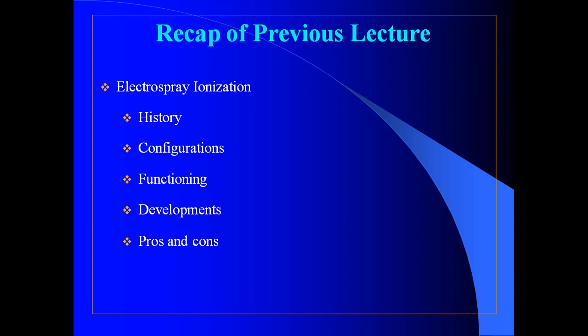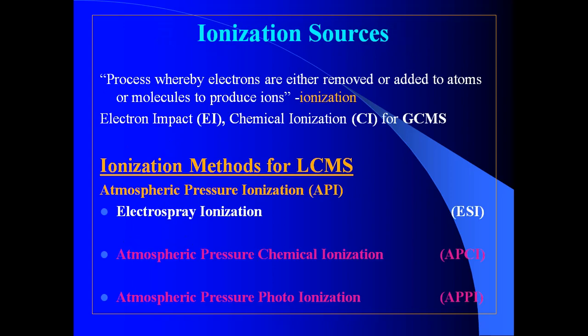Today, we will discuss the remaining two types of atmospheric pressure ionization, that is atmospheric pressure chemical ionization and atmospheric pressure photoionization.